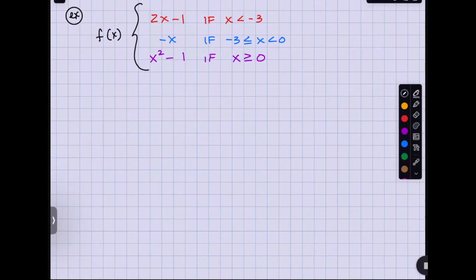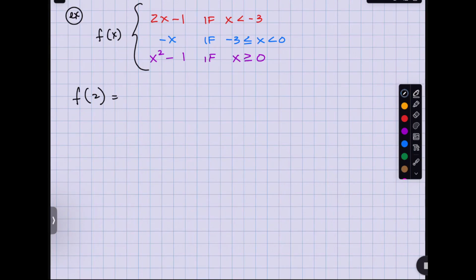I'm just given these three piecewise functions, and I ask for f of 2. I just want one answer. I can't plug it into all three, because if I plug into all three, that means I don't have a function.